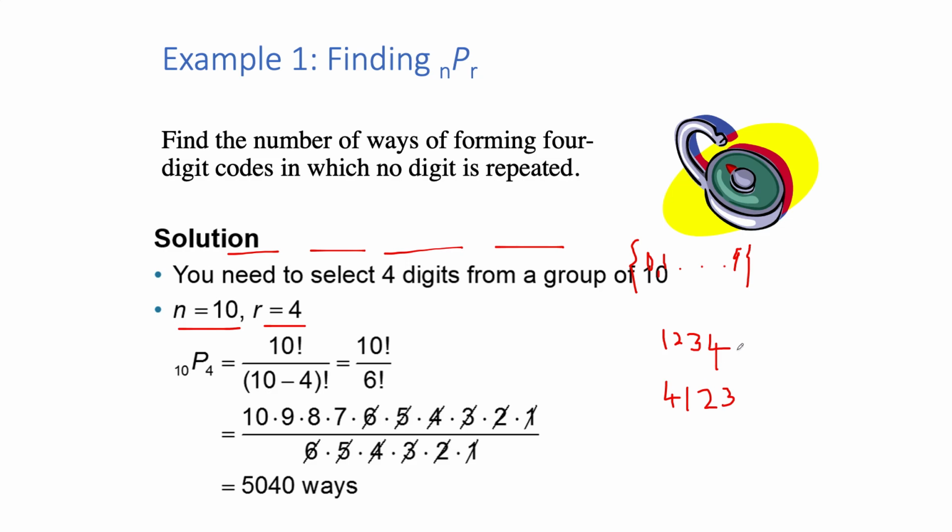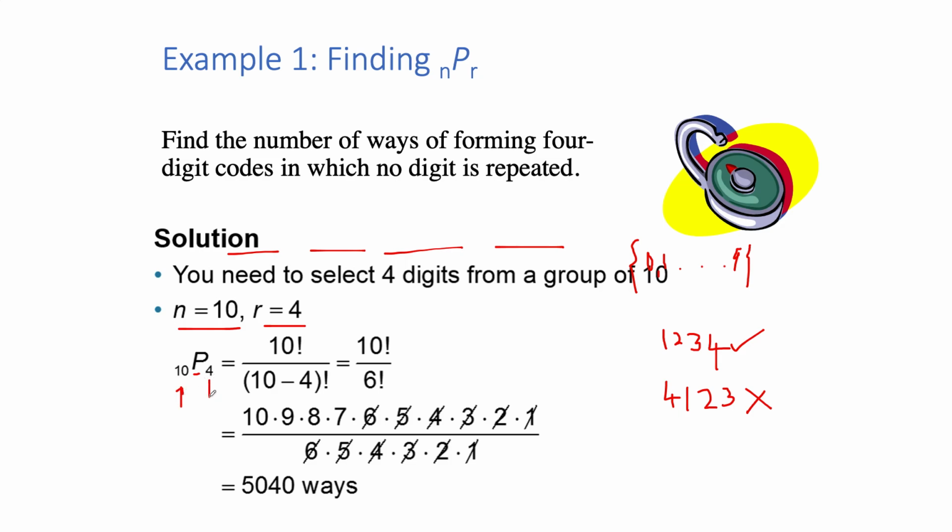But the crucial thing is that if this is the code I set on the lock, it will open the lock. But if I enter this code, it won't open the lock, right? In this case, the order in which these numbers appear actually matters. So that's what makes this a permutation. The order of the choice actually matters. So there are 10 objects to choose from.